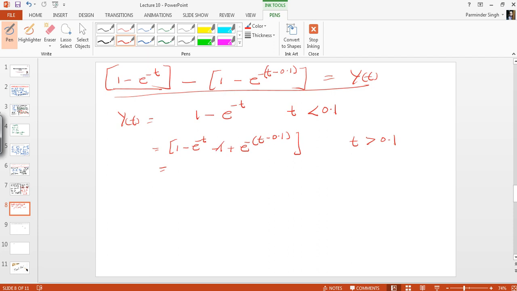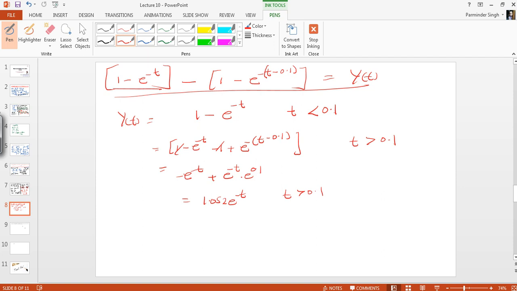The minus 1 gets cancelled, and we have minus e to the minus t plus e to the minus t into e to the 0.1, which can be written as 1.052 e to the minus t. Clear? So this is valid for t greater than 0.1.